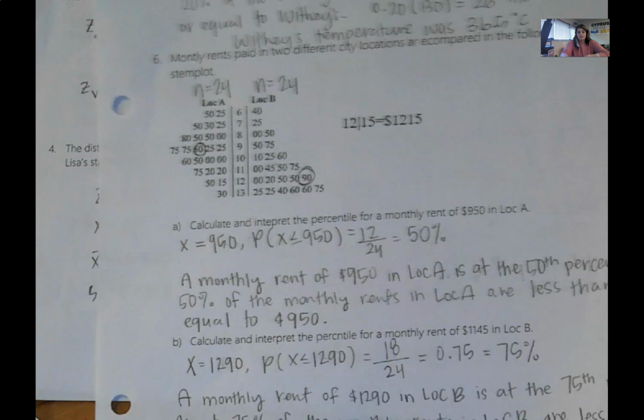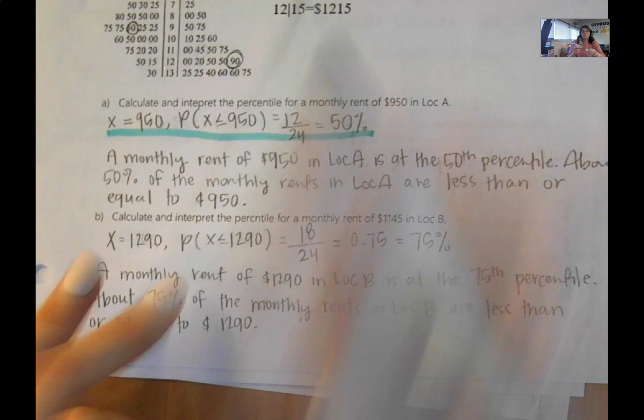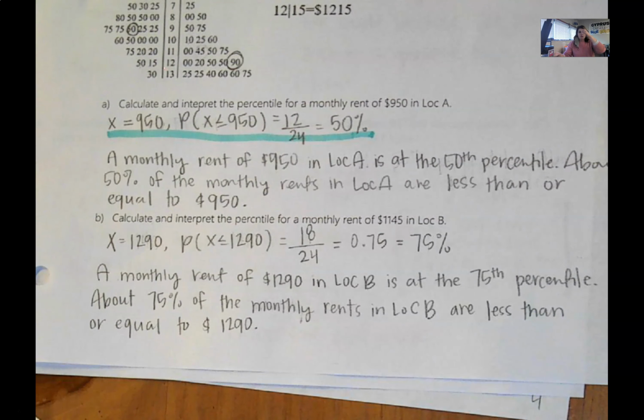This one is similar, in that it's a percentile. This one says calculate and interpret the percentile for a monthly rent of $950 in location A. Notice my notation. You do need to use this on your exam. You need to write out that full statement. So your X is 950.